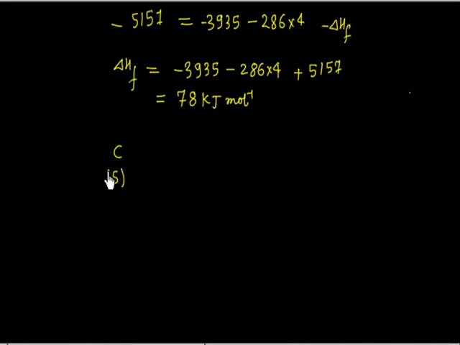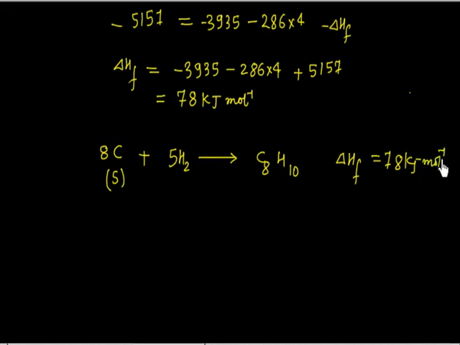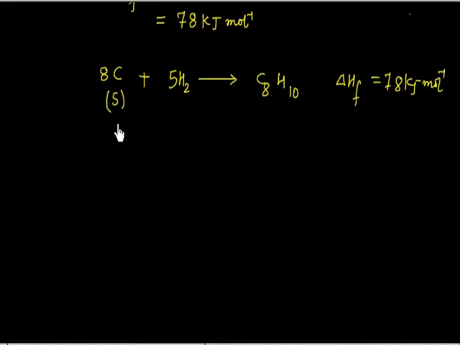So carbon solid plus hydrogen, giving C10H8, which has a heat of formation of the value we have calculated, 78 kilojoule per mole. Now we can calculate this value using the Born-Haber cycle also.